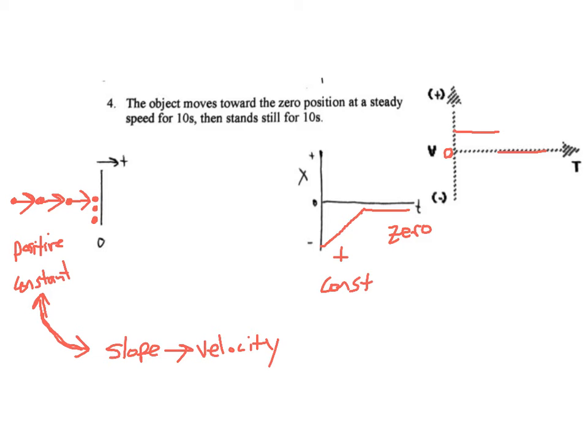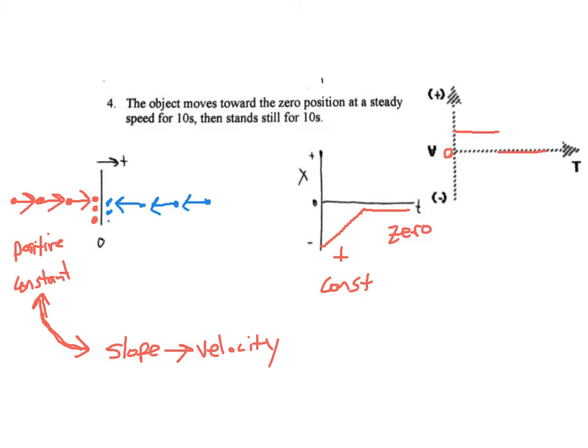That seems like it still satisfies the statement, so I'll draw my first dot out here and go toward the 0 position, and one more toward the 0 position. So there's my arrows there, and then I have to show that it stops for a period of time, and so it stops there and there.